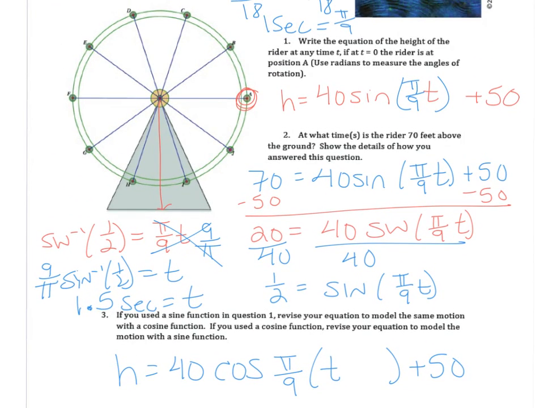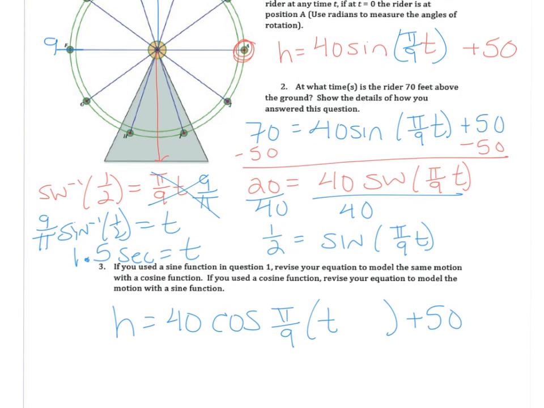So we have to figure out at what time we will hit the maximum of the Ferris wheel. So if it's 18 seconds to go all the way around, that's 9 seconds to go halfway, and then to go halfway again is going to be 0.45 seconds. And we have our cosine graph. Oh, sorry, cosine equation.